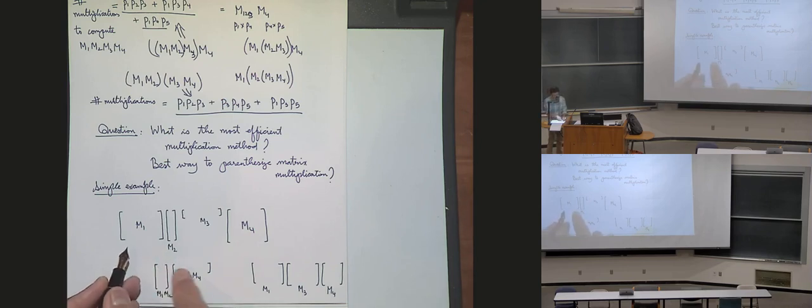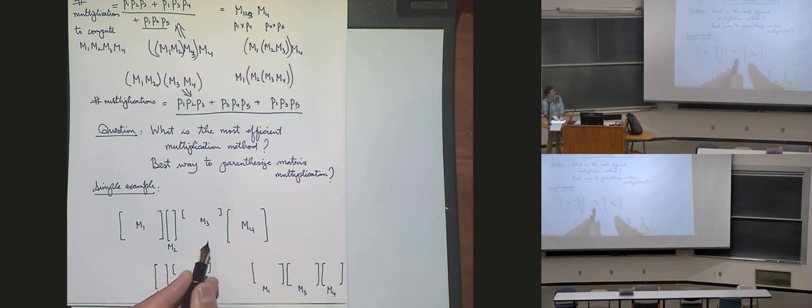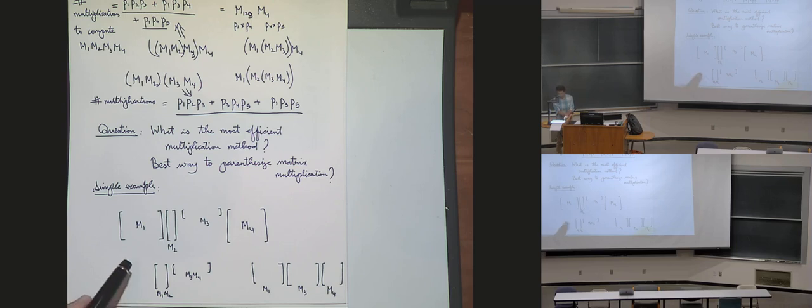Instead, it may have been better to do M1, M2 together and then M3, M4 together, because then you get these smaller matrices. Of course, then you have to multiply these. It's not obvious which way. In this picture you can see that clearly multiplying M2, M3 first probably wasn't the best choice. Does this make sense?